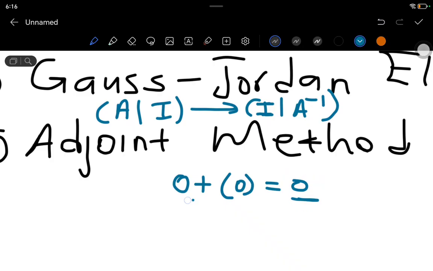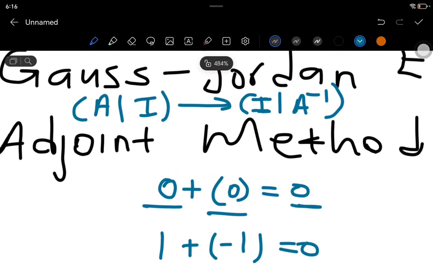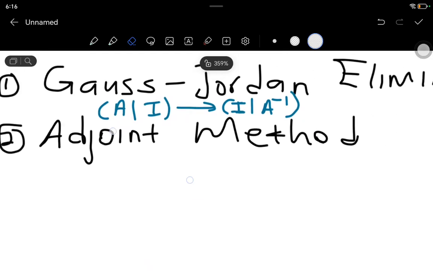So the inverse of 0 would be 0, and the inverse of 1 would be minus 1. But the inverse of an identity matrix, an identity acts like a 0 in this case, so it will be itself. It won't change. So that's what we have.